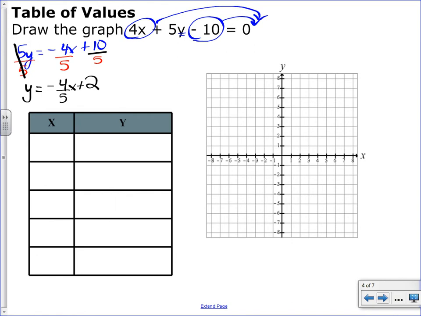Okay. Now, this is an example. If I were to put in 1 here, anyone know what I would get? If I were to plug in 1, what would I get?